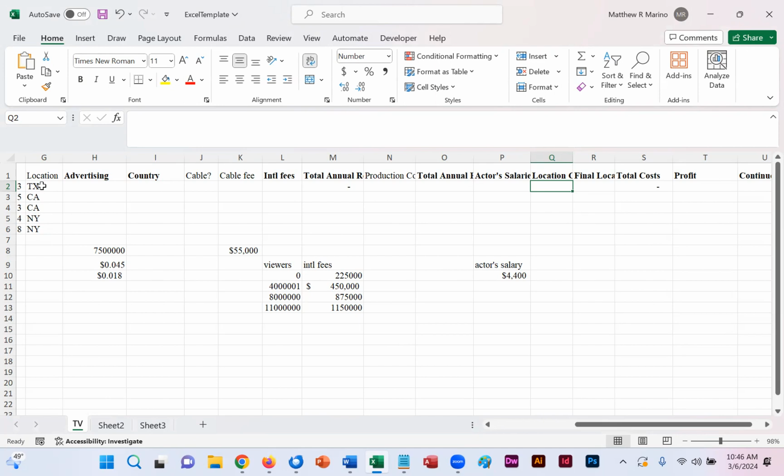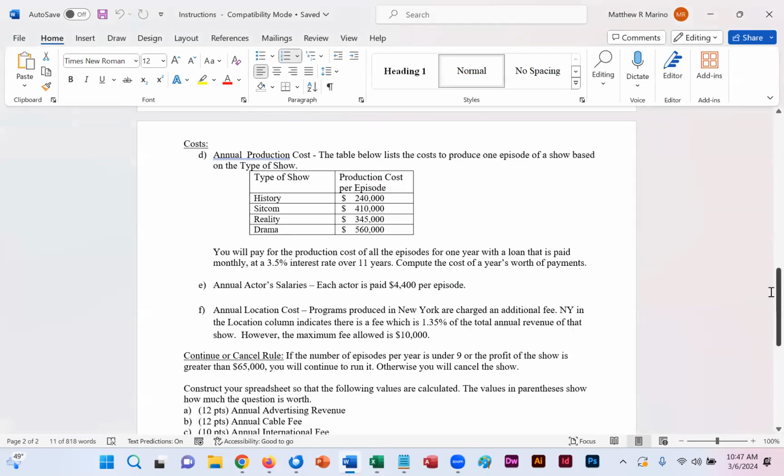And if you do, then you're going to have the total annual revenue multiplied by that 1.35%.